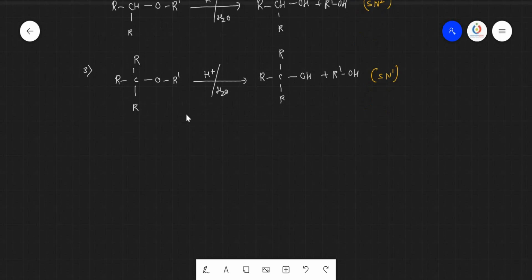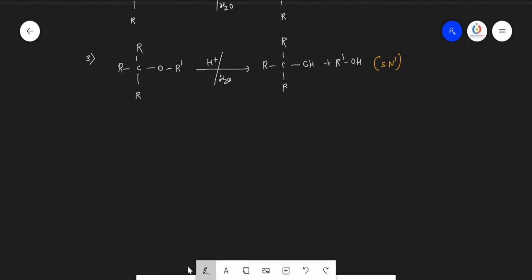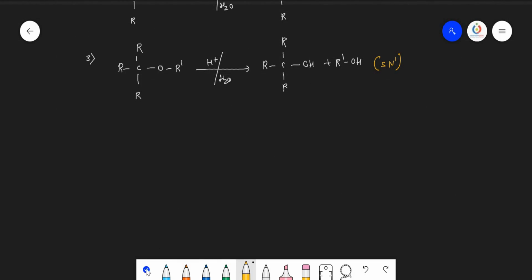So I'll write here. You must remember that whenever the oxygen atom in the ether is connected to primary alkyl groups, if only primary alkyl groups are present, then it gives the SN2 mechanism.